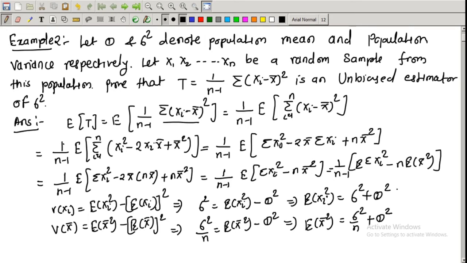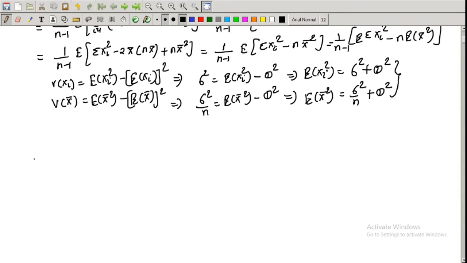So by putting these two values in this formula, we'll get the term 1 upon n minus 1 expectation of summation of xi square. Here we take expectation inside the summation of expectation of xi square, correct, minus n into expectation of x bar square.